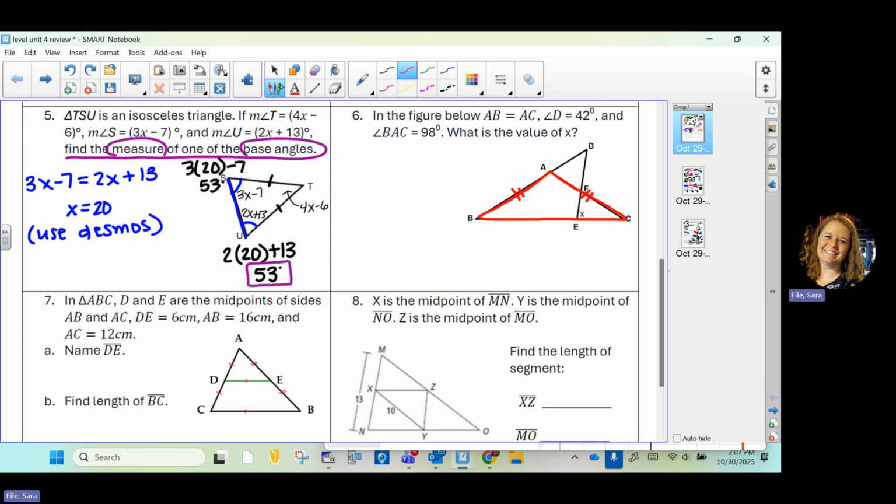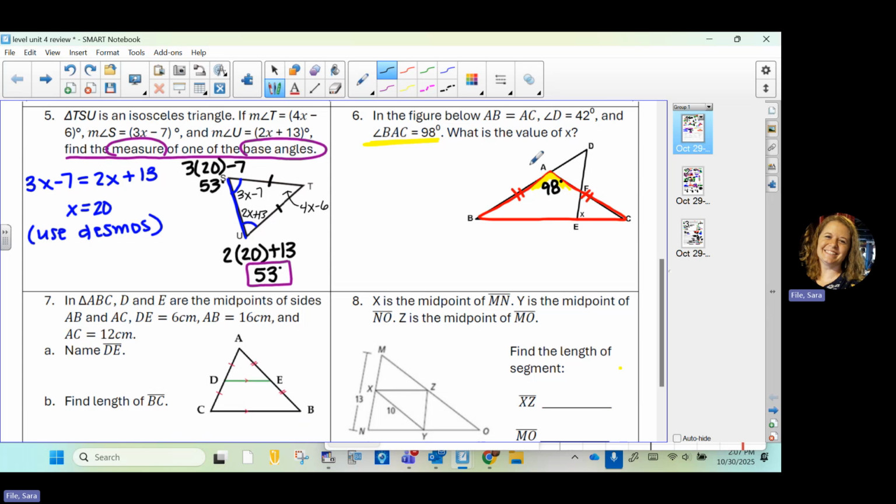And in that triangle, they said that angle BAC, B to A to C, would be this angle here. If you trace from B to A to C, that's the angle it makes, right? So that angle is 98. That's the vertex angle that I was just talking about. It's where the two congruent sides meet.